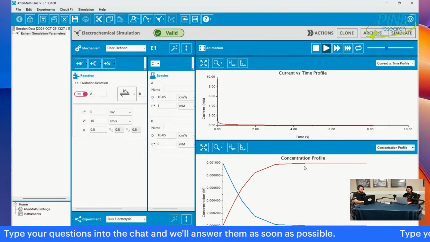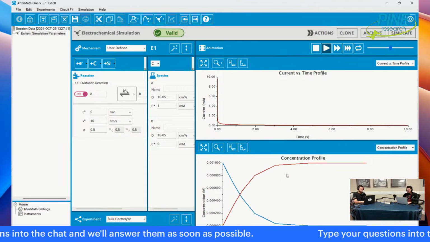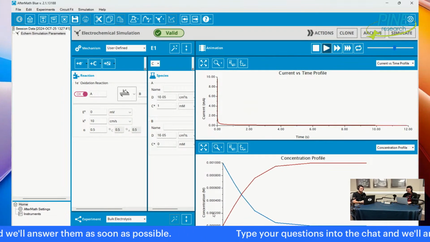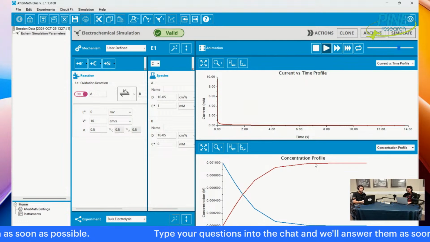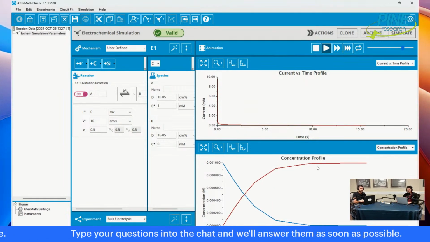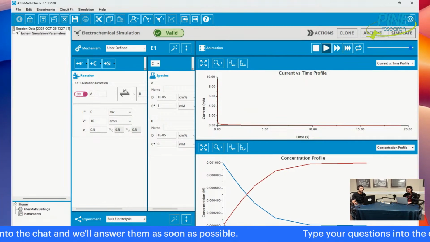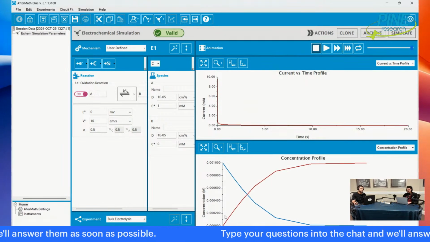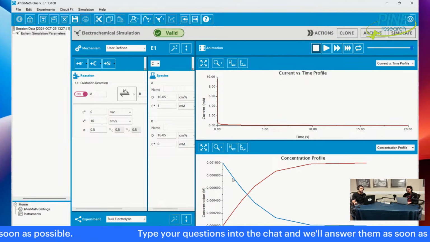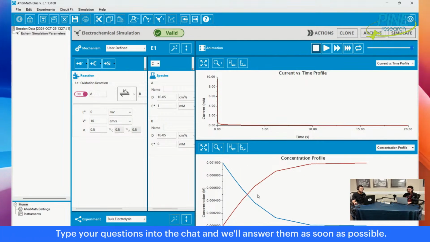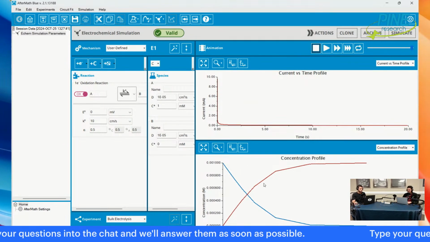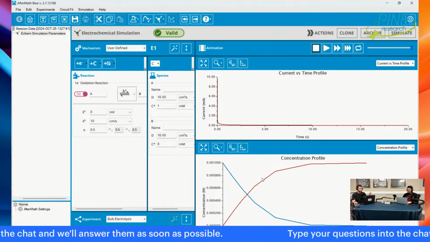And I need red, or this red molecule, or A, to react with the surface. But it just takes a long time because this is where all the molecules are at. They're all the way here. And they slowly have to make their way to the electrode surface. I have so little of them at this point near the electrode surface. So that's the diffusion layer thickness increasing over time, at least a visualization of it.